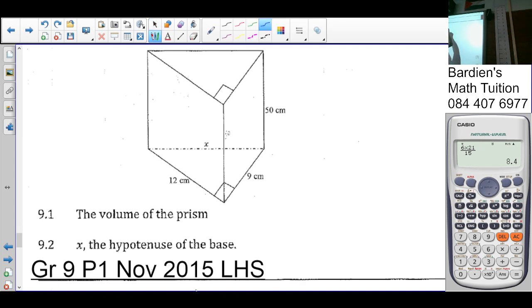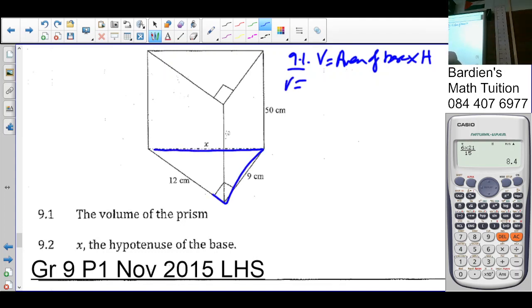Volume is equal to area of base times height. So what type of shape is this base? Triangular base. So it's going to be half base times height times the depth of this object. What would the base and what would the height be here? 12 will be the base and 9 will be the height of the triangle.